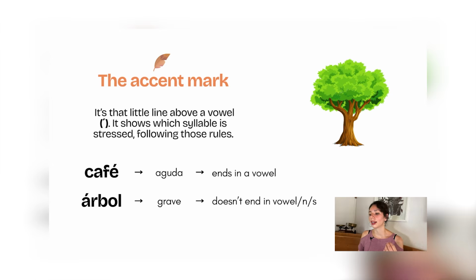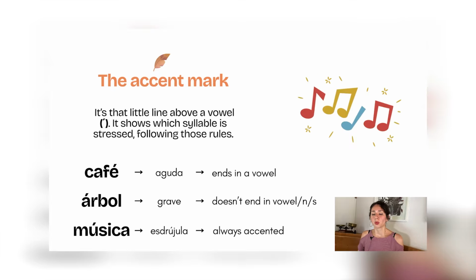It's grave, doesn't end in a vowel, N or S, and the accent mark is in the A. Música is an esdrújula word and it's always accented. They always have an accent. Música. You can see the accent mark in the U.